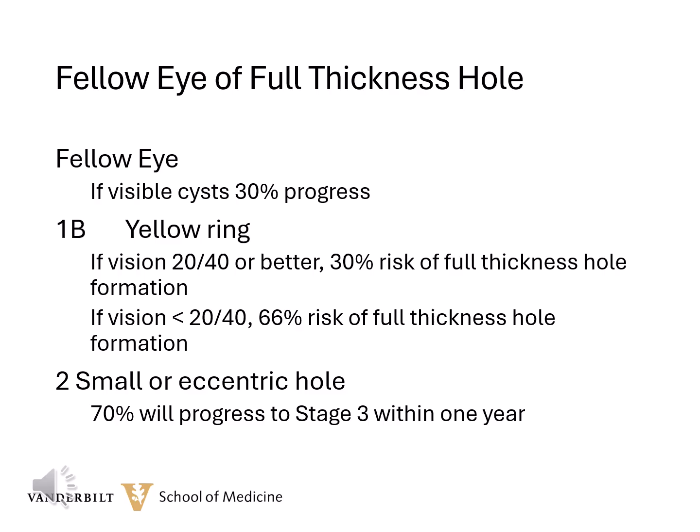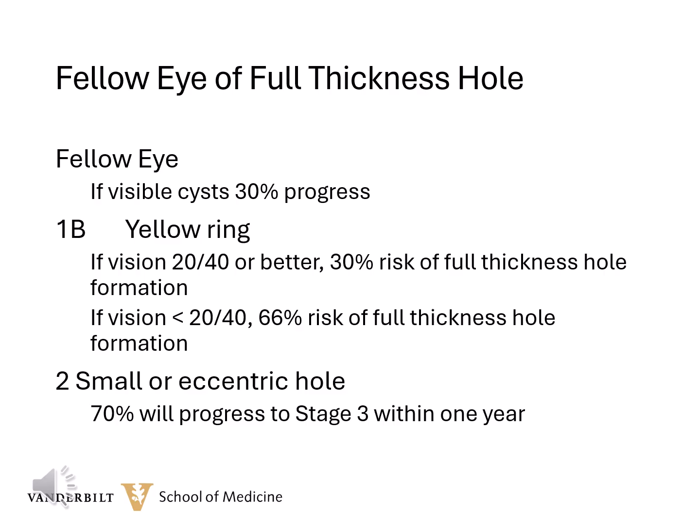If Gass's stages 1A or 1B were noted, and these are the yellow fovea, then the vision was a better predictor of development of a full thickness hole rather than the finding of the yellow fovea.